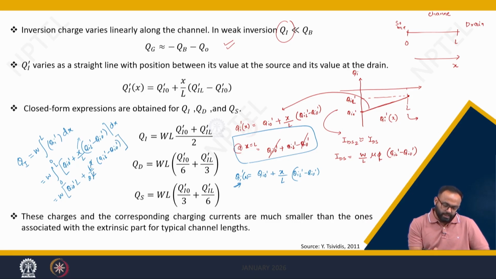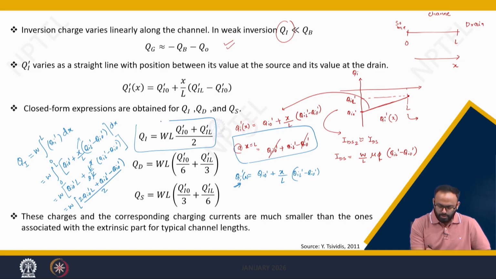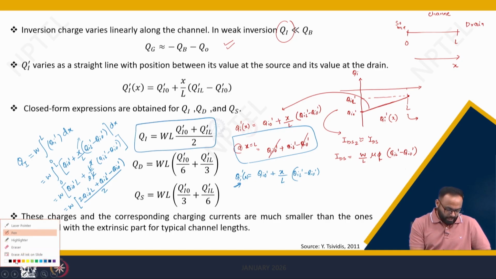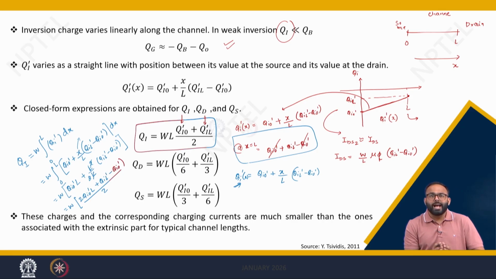This L and L get cancelled and you get W into QI0' plus QIL' minus QI0' divided by 2, which gives you the final formula. This means the total inversion charge in weak inversion is just the average of the inversion charge at the source side and the drain side.